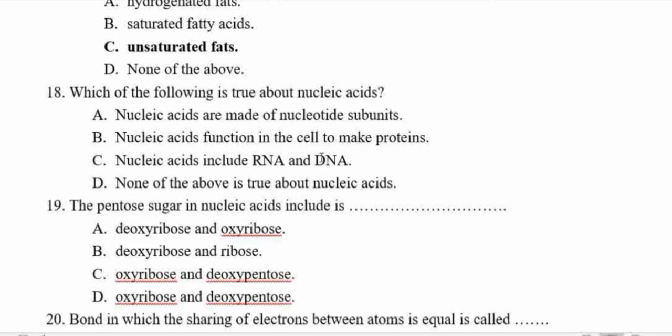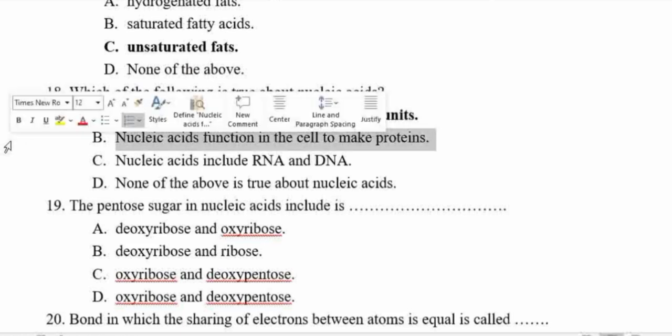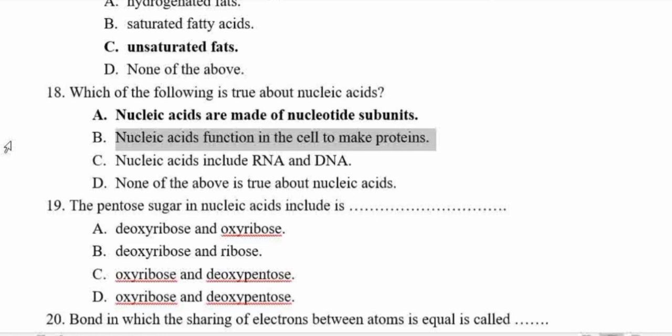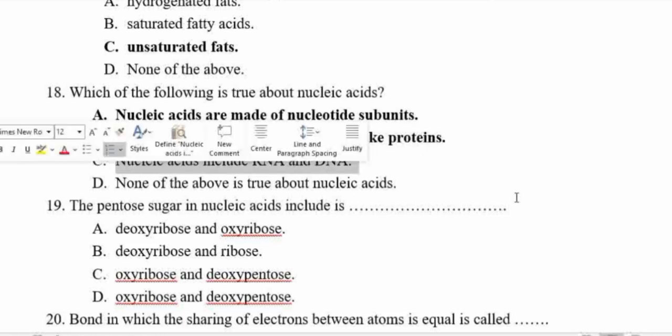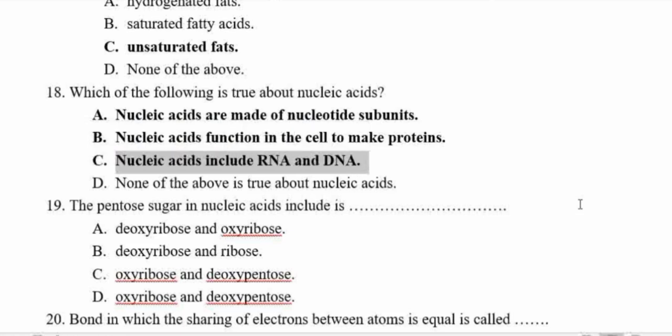So the oxygen on the pentose sugar in DNA is absent, whilst the oxygen is intact in RNA. So this one is correct. Nucleic acids are made up of nucleotide subunits. Nucleic acids function in the cell to make proteins, and then nucleic acids include RNA and DNA.